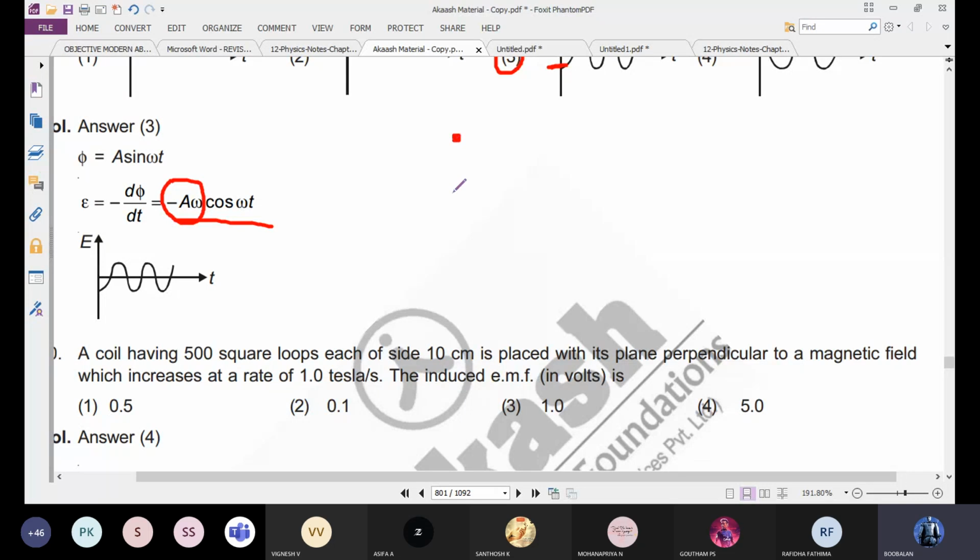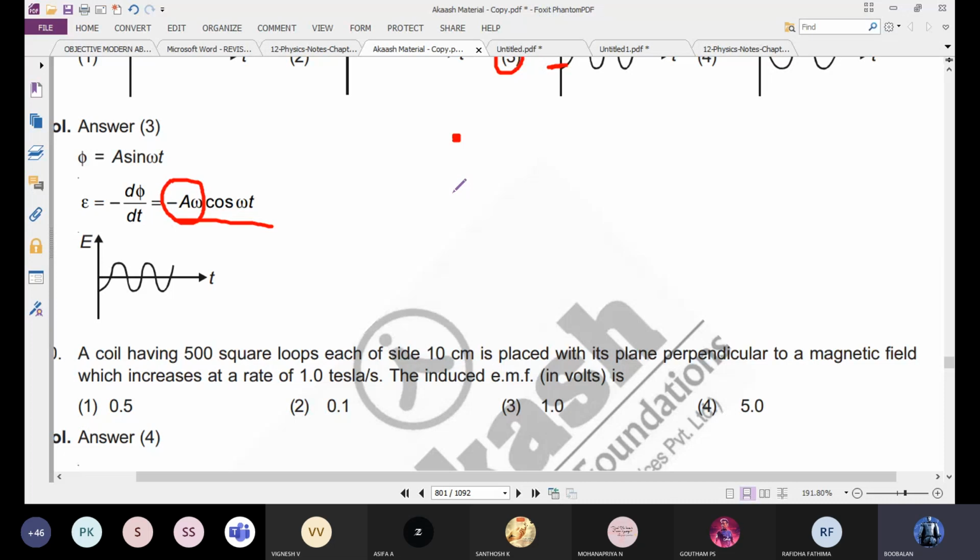Okay. So based on formulas, now we will discuss problems. You can try, it is easy only. The answer is the fourth option, 5. But which formula and which values? A coil having 500 square loops, each of side 10 centimeter, is placed with its plane perpendicular to a magnetic field which increases at a rate of 1.0 Tesla per second.